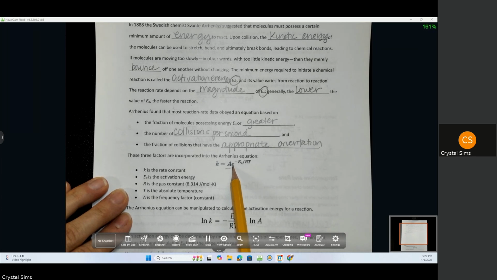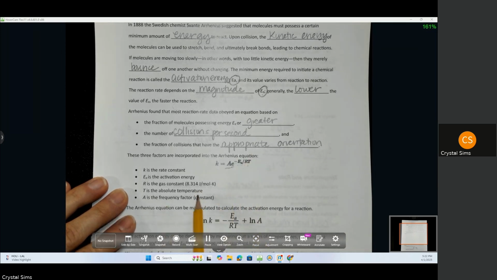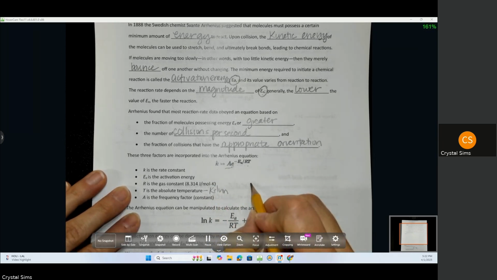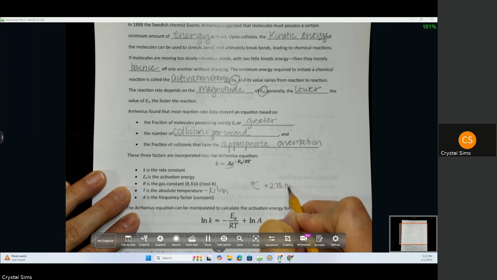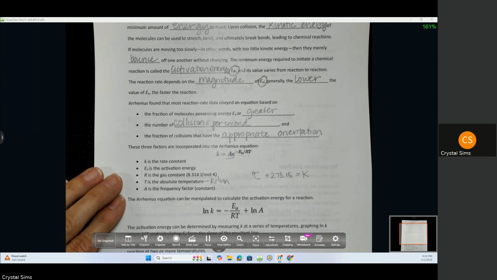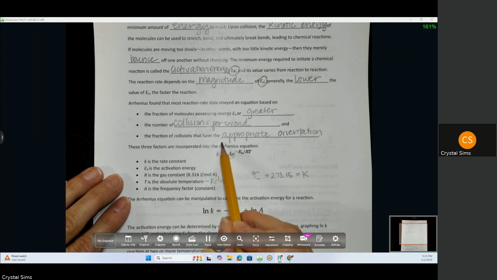And then e, remember, is the reverse of the natural log, raised to the negative activation energy divided by the gas constant and the absolute temperature. The absolute temperature is our temperature in Kelvin. As a reminder, we take our degrees Celsius, add 273.15, and that gives us our absolute temperature in Kelvin. So this is called the Arrhenius equation.